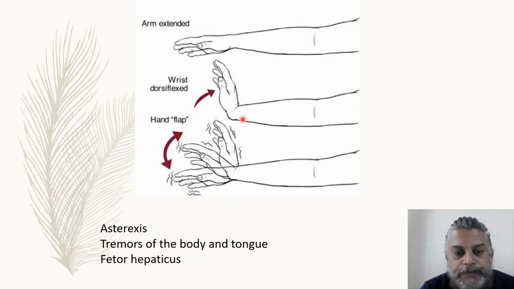This is the asterixis or the hepatic flap, which we should try to elicit in patients of hepatic encephalopathy, as this requires some amount of consciousness. That means this asterixis would not be present in grade 3 and 4 of hepatic encephalopathy.